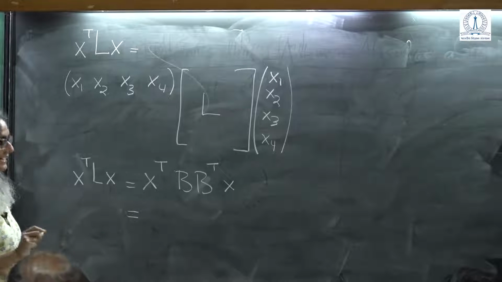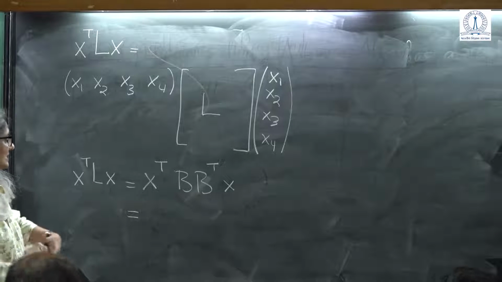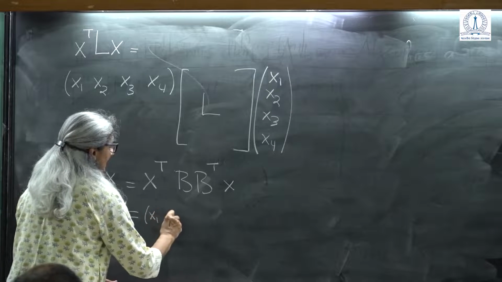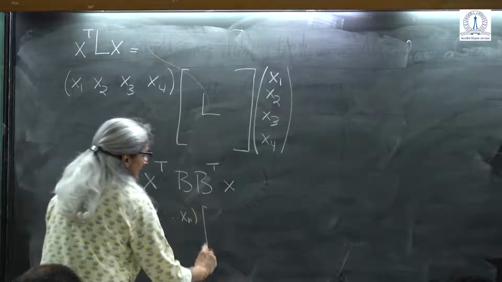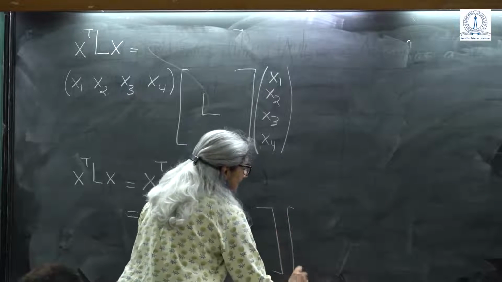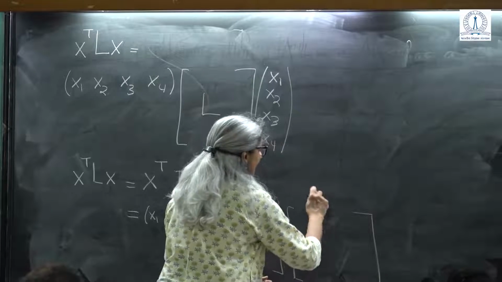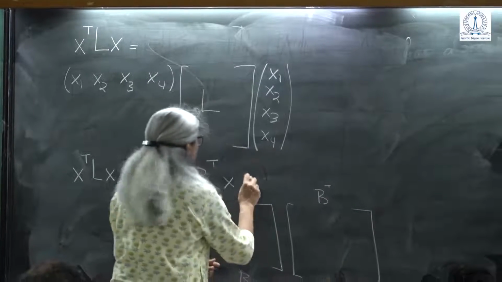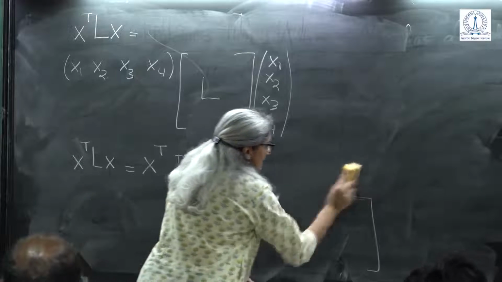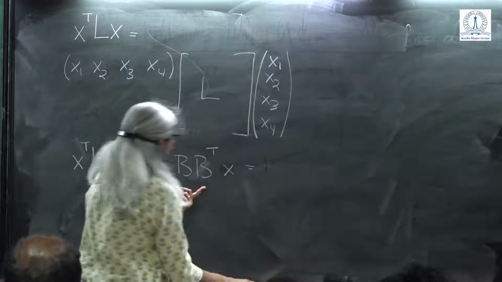Okay, so lots of things are happening here. Here I have x1 through xn multiplying against B, and then here I have B transpose. Before we do this big expanded form, do you see this is non-negative?